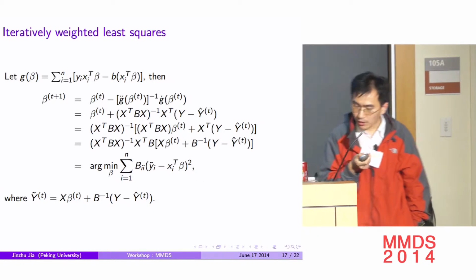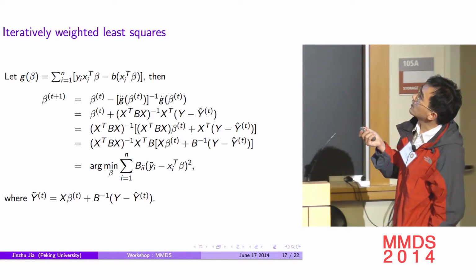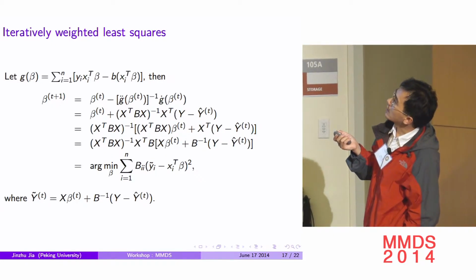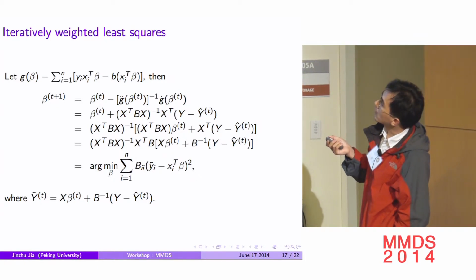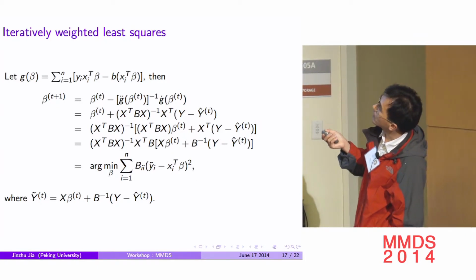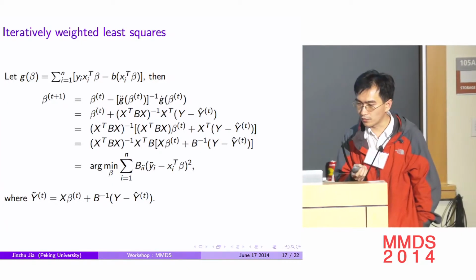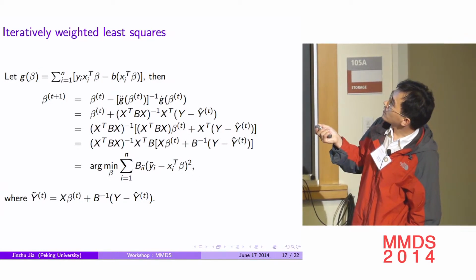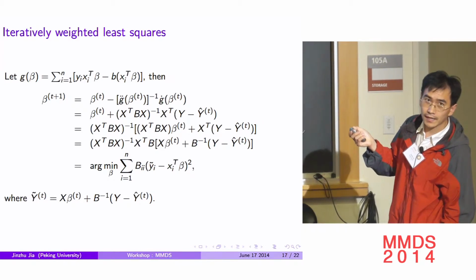Usually people use iteratively weighted least squares. Basically speaking, it is a Newton-Raphson method. So you can see that the update using the Newton method can be derived this way. It is iteratively weighted least squares. For each iteration, you have to update this weight and also update this response y.